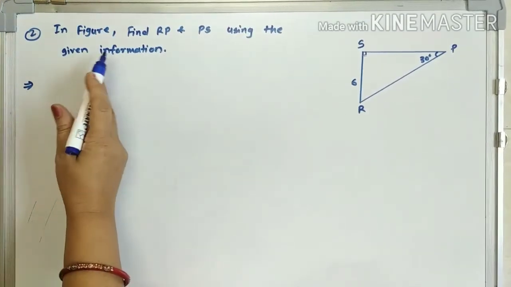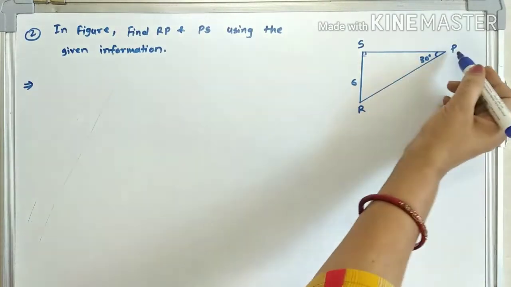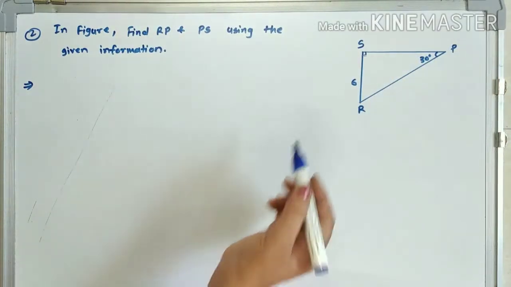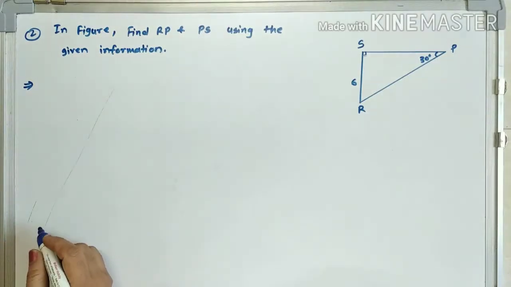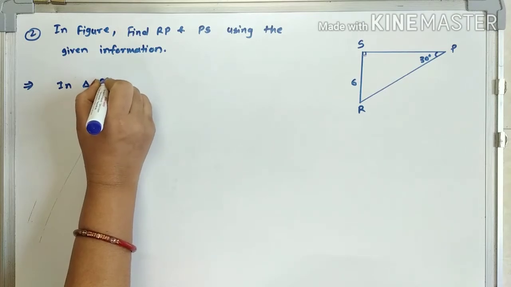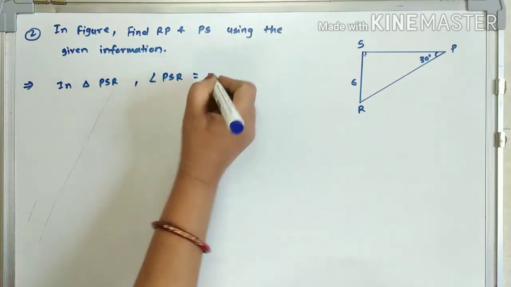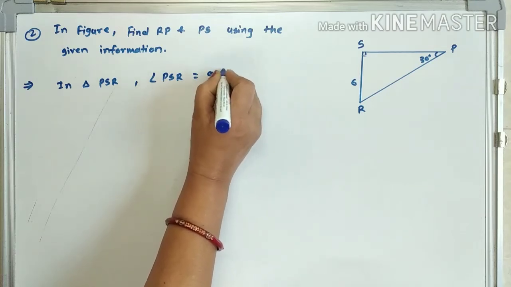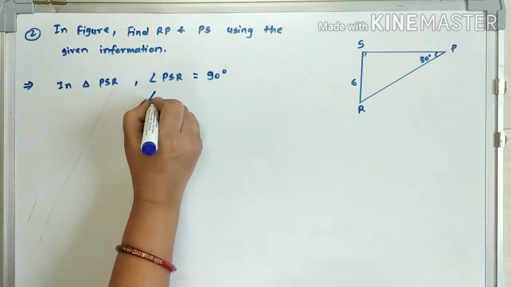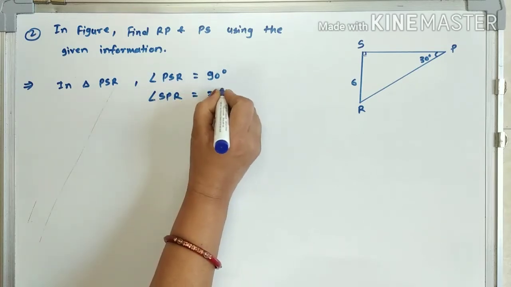Next problem: in the figure, find RP and PS using the given information. SR is 6. In triangle PSR, angle PSR equals 90 degrees and angle SPR equals 30 degrees.